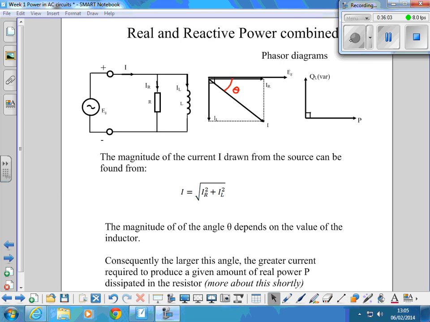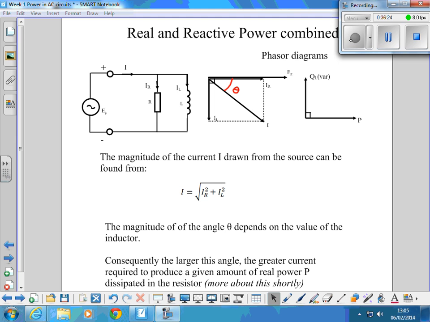Looking a little bit deeper at the combined situation, the magnitude of the current drawn from the source from this phasor diagram can be determined using Pythagoras theorem.